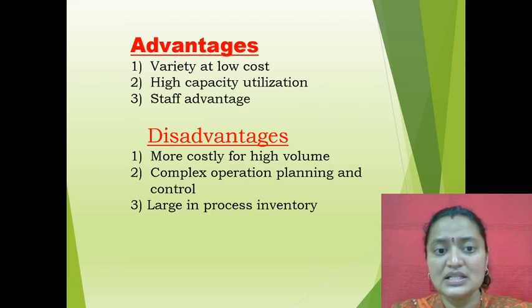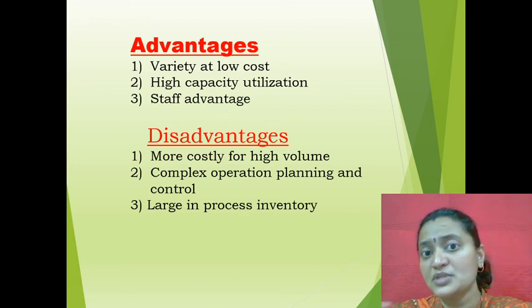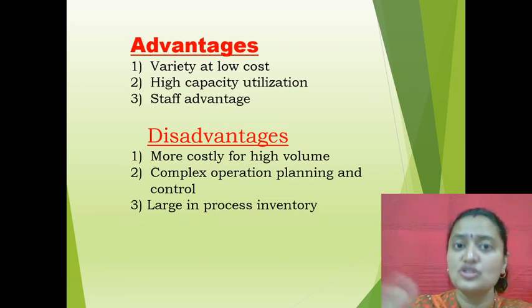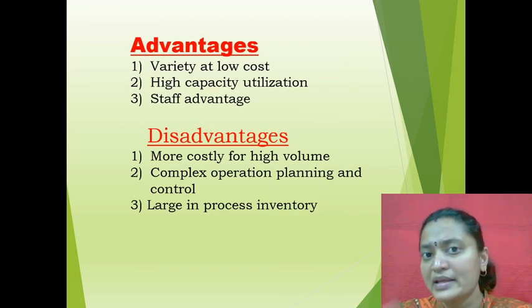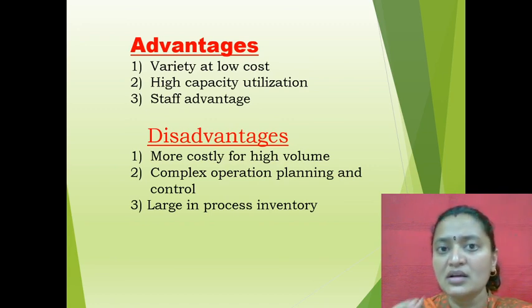Then disadvantages were there: more costly for high volume, means whichever machines have been purchased. Now these machines, whether inferior quality or superior quality products will be produced. Then complex operation planning and control, means there should be proper planning and control.